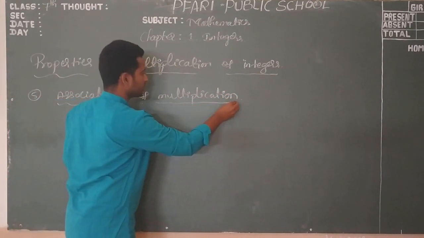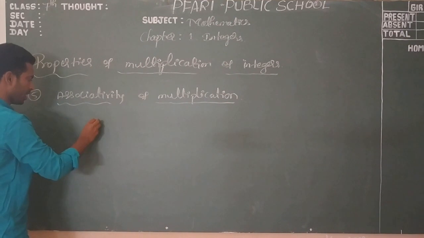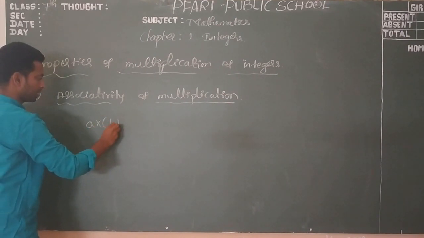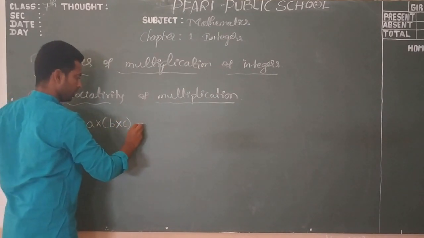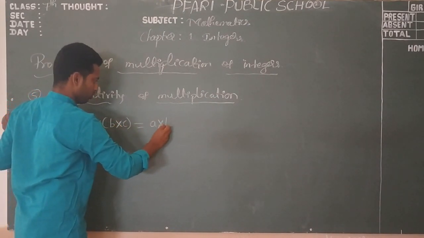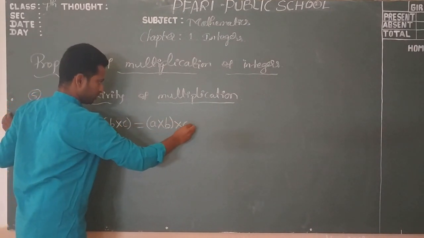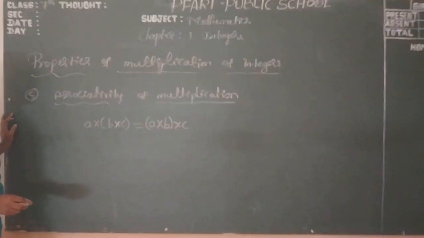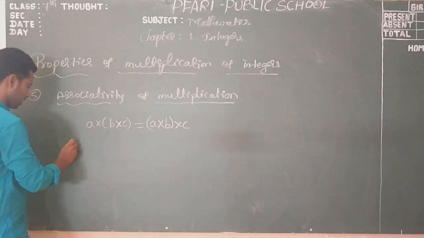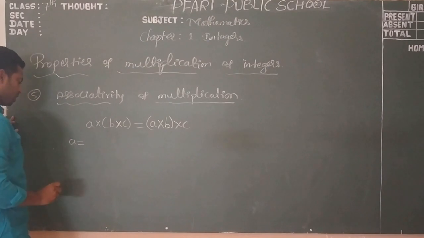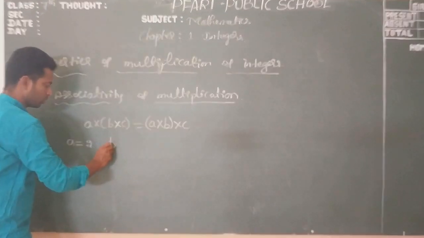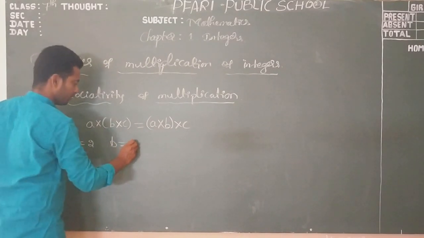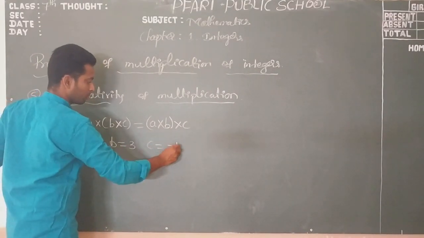According to this property, we have a into b into c equals a into b into c, grouped differently. To check this, I am going to take three integers: a equals 2, b equals 3 and c equals minus 1.